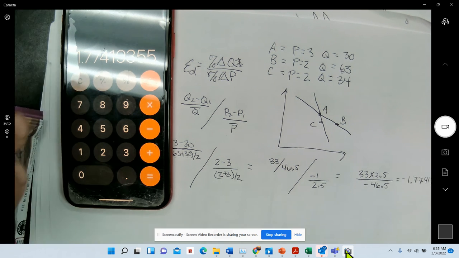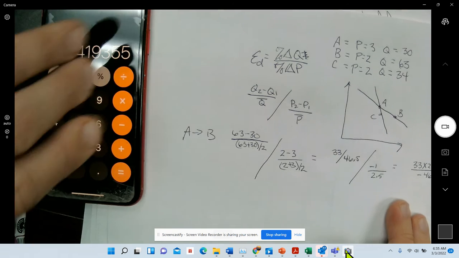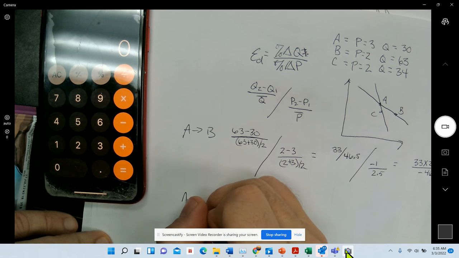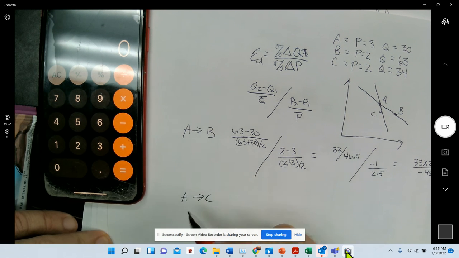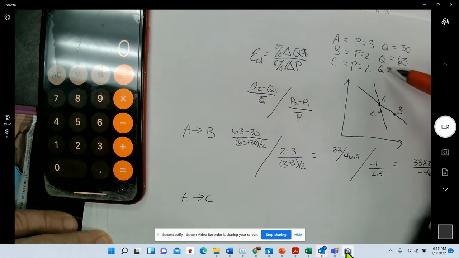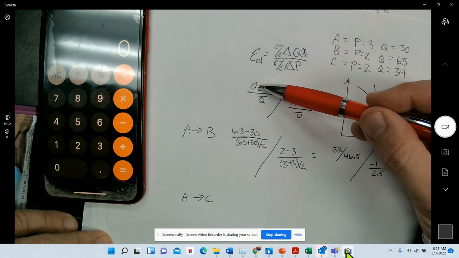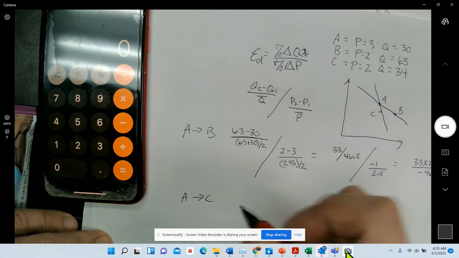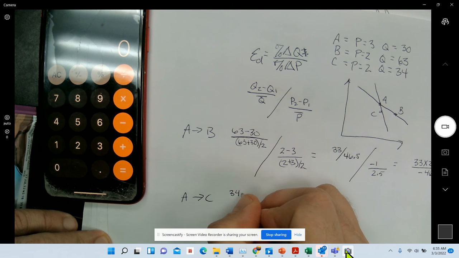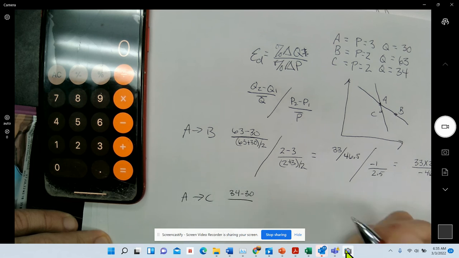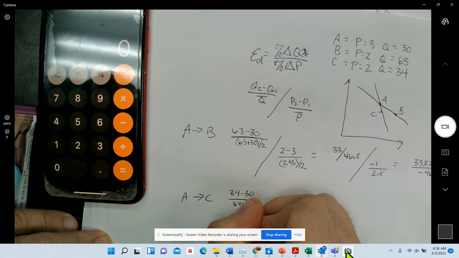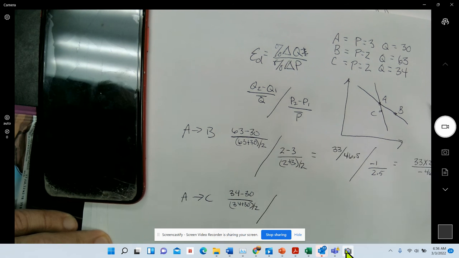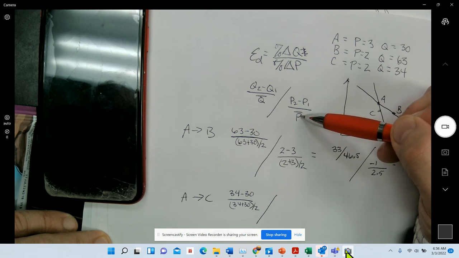So this is equal to negative 1.77419. Okay, now let's look at A to C. Again, same thing: the percentage change in my quantity is 34 minus 30 divided by 34 plus 30 divided by 2, and divide this again by the percentage change in price.